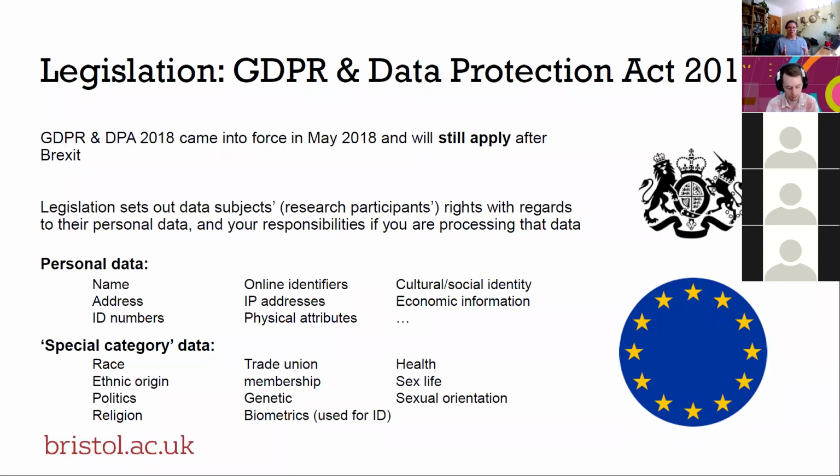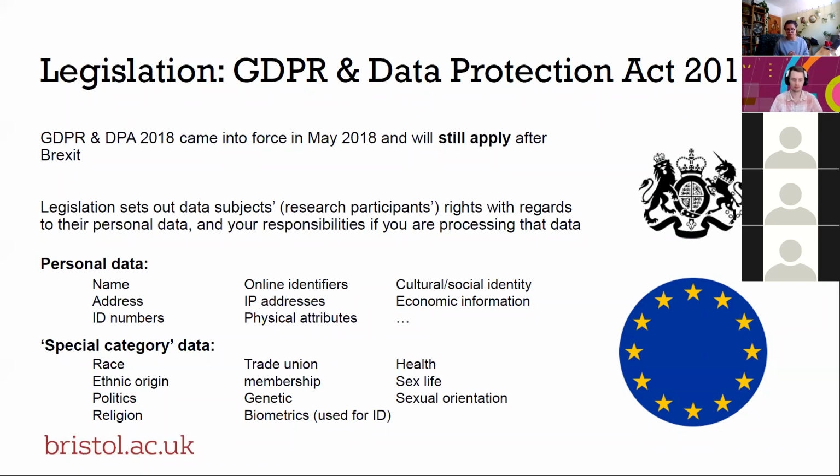The other thing to bear in mind is that within the class of personal data, there's special category data, which is information that's considered so sensitive and so potentially harmful to the data subjects if it was released without proper precautions that you have to take special care of it.